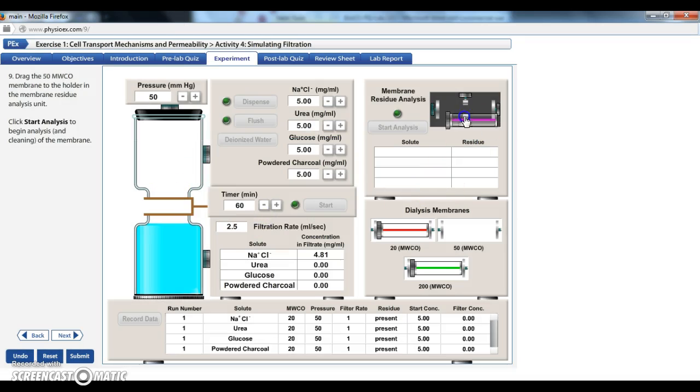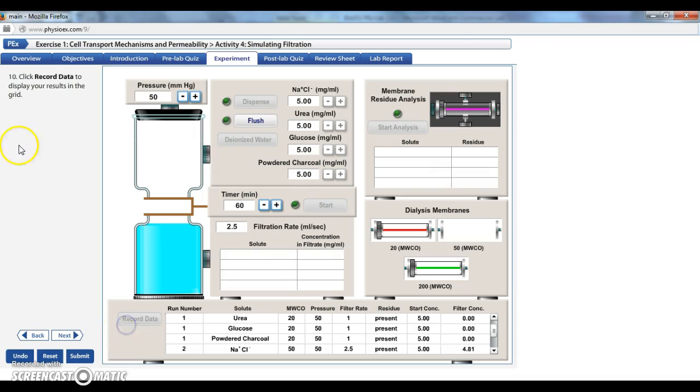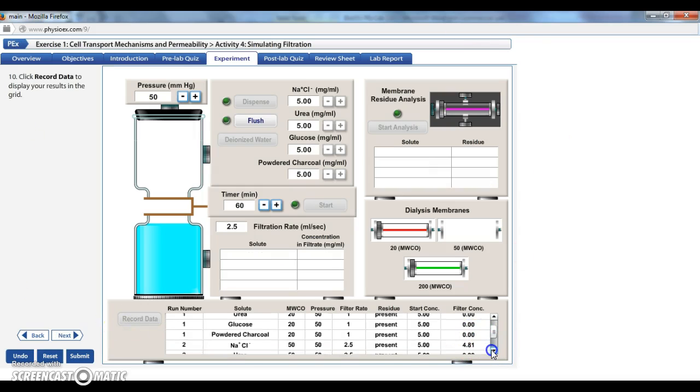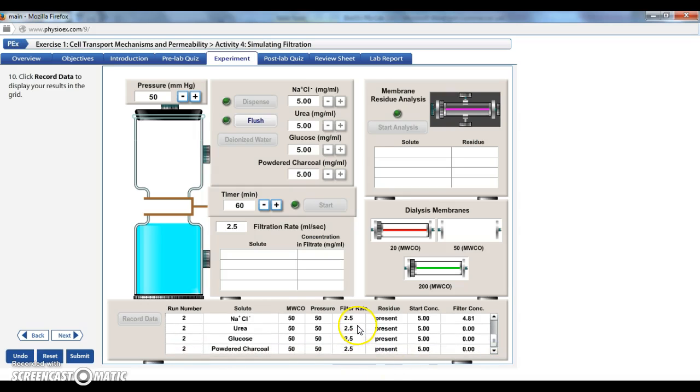So we're going to move this over here. Record data. Alright, and let's scroll down. Now our filtration rate's 2.5, and sodium chloride has a 4.81, the rest are 0, and they're all present for the residue.